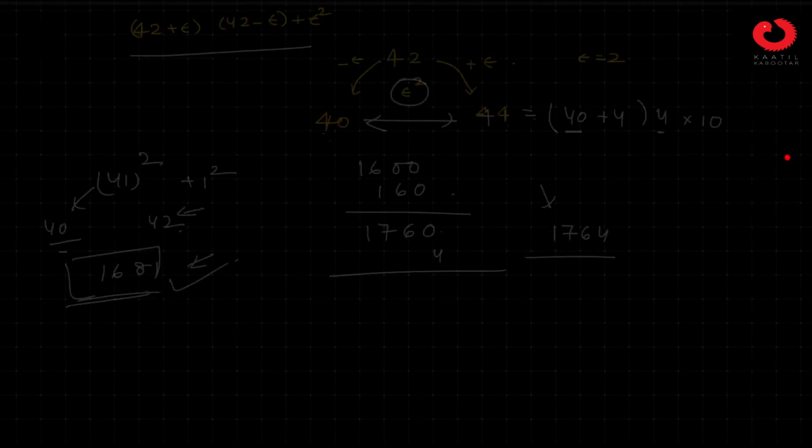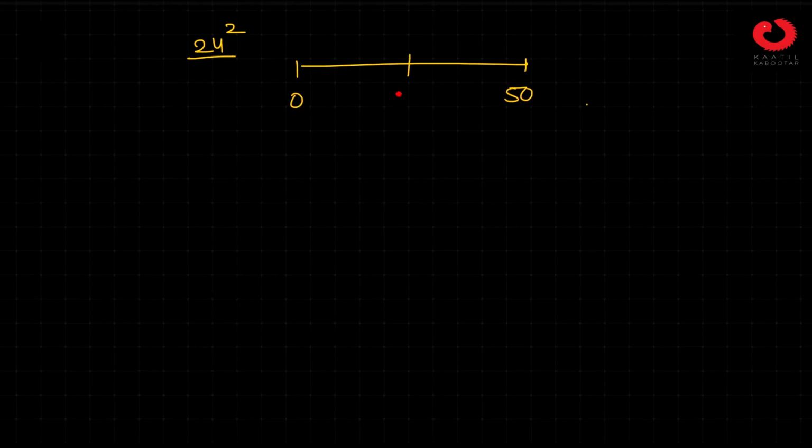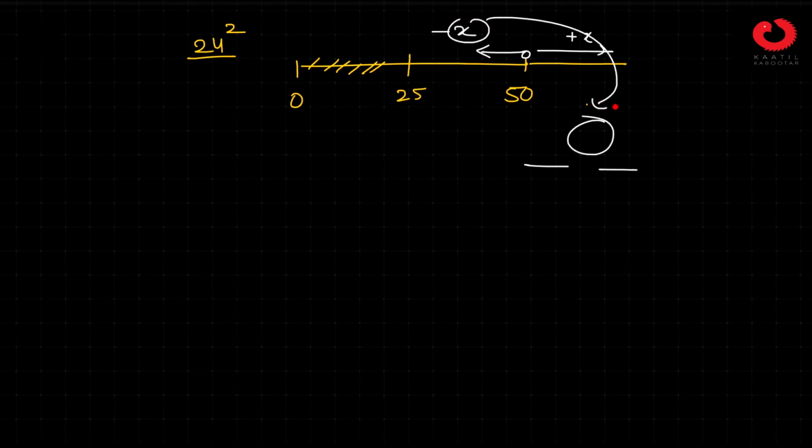Now coming back to our discussion, what we did in our previous lecture. If you remember, I motivated you to remember squares of numbers till 24, stating that for any number in the range of 0 to 50, if you remember squares till 25, then any number around 50, meaning 50 minus x or 50 plus x, can be written in the form of some adjustment done to 50, where the last two digits will be the x square, and there will be some other numbers which we have to discuss.